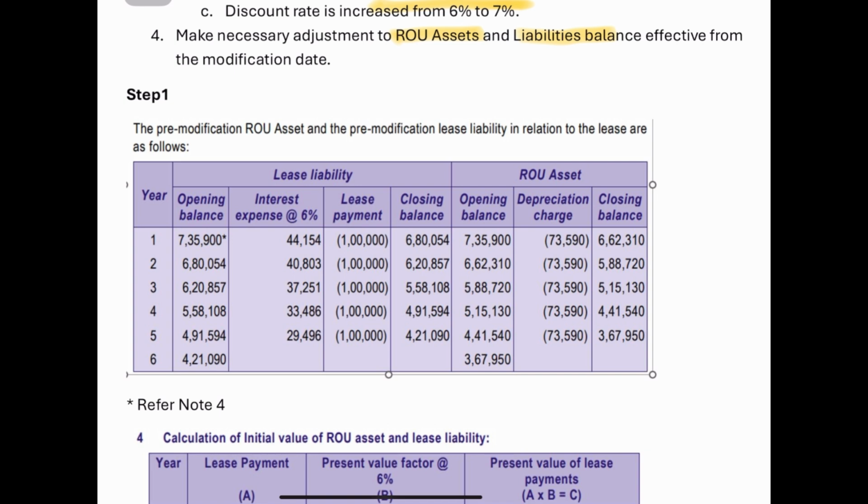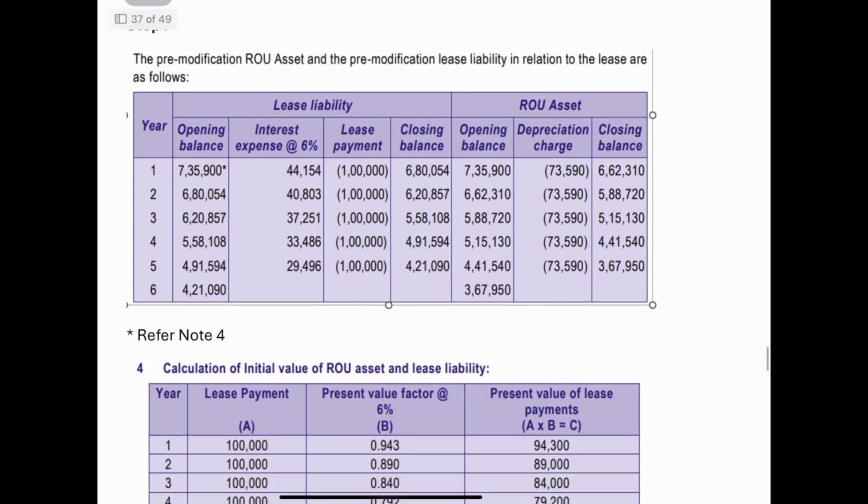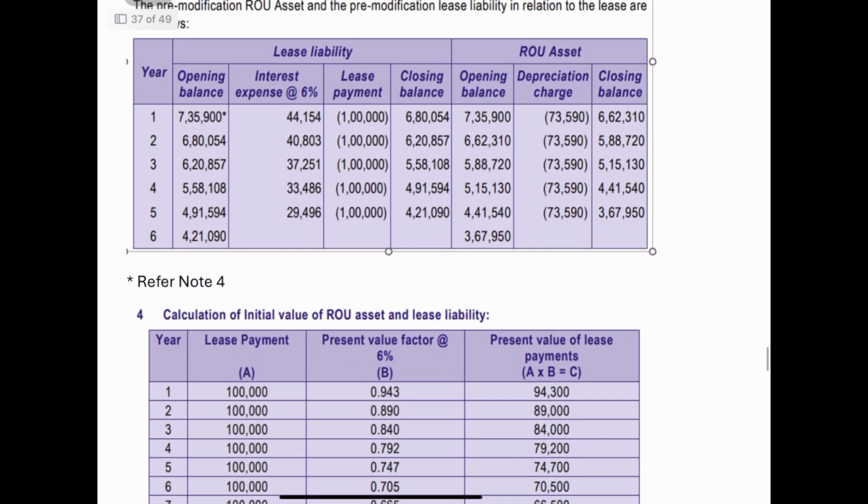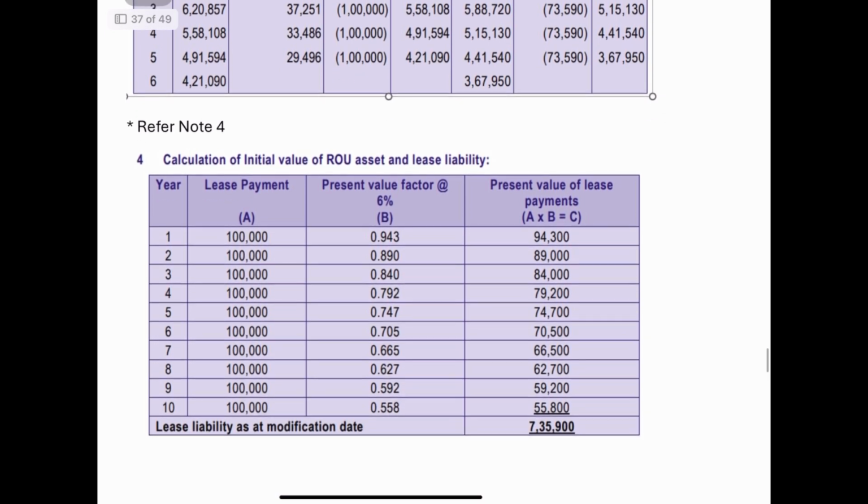So for that you have to calculate the initial measurement of the lease asset and lease liability. So initial measurement will be calculated like this. It's given that 100,000 is the yearly rent and 6% is the initial interest rate. If you take 6%, the first year discount factor will be 0.943, that is 1 by 1.06, and first year present value of 100,000 will become 94,300.